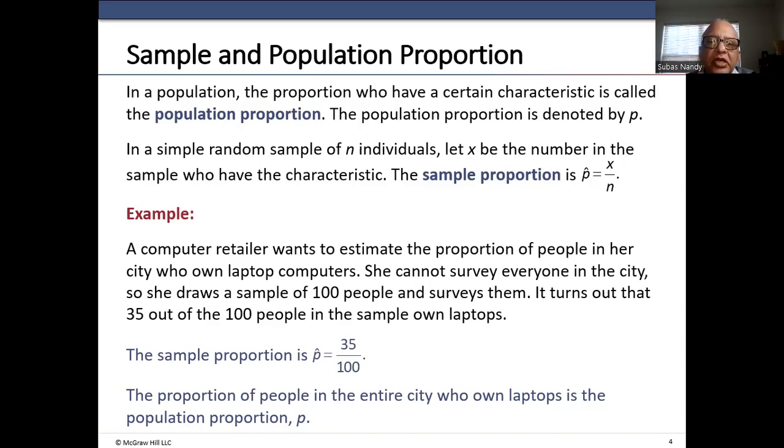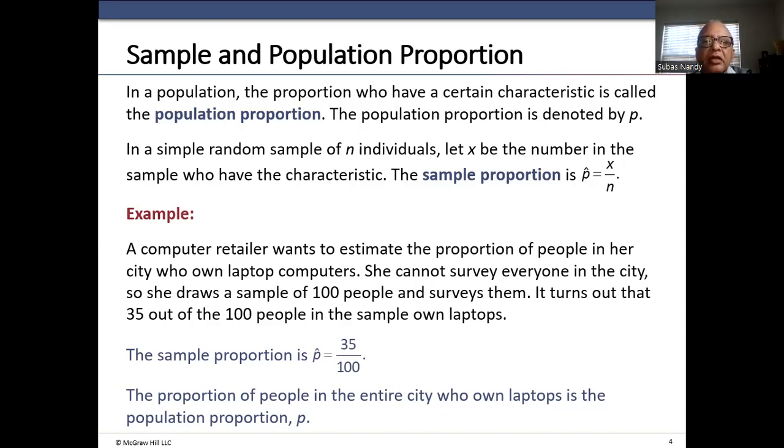So now she can divide those 50 values of P hat into groups of equal width. The P hat will be represented on the horizontal axis, different groups of P hat. And on the vertical axis will be relative frequency. So for example, the first group may be between 0.3 and 0.35.